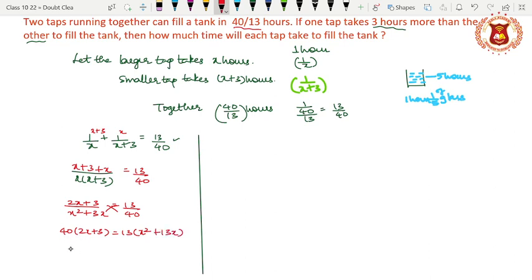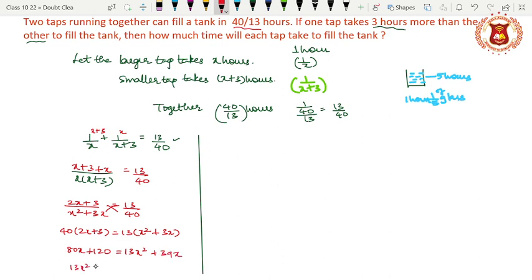40 into 2x is 80x, and 40 into 3 is 120, equal to 13 into x squared plus 3x. 13 times 3 is 39x. Now I simplify the equation here.